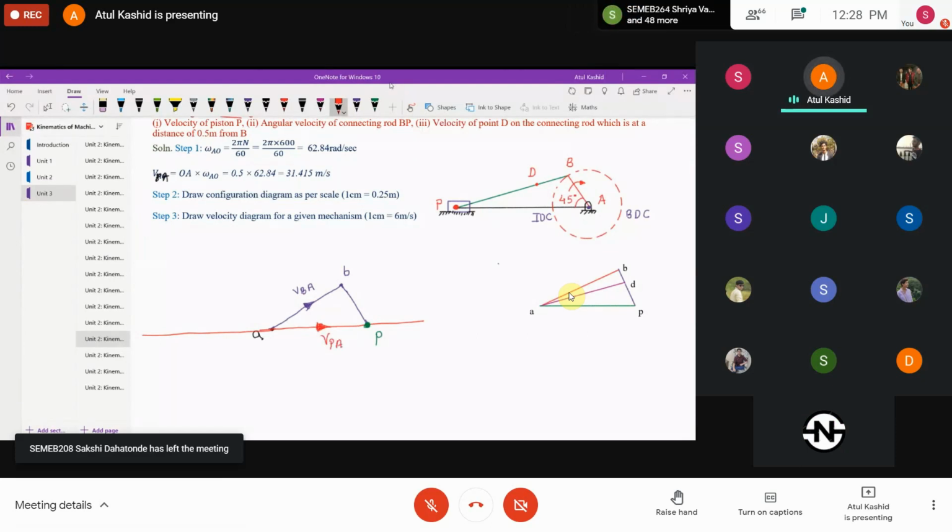Now in the previous lecture, I also told you that whenever the velocity of the point P is with respect to some fixed point, this can also be written only as velocity of P, because it is with respect to the fixed point.